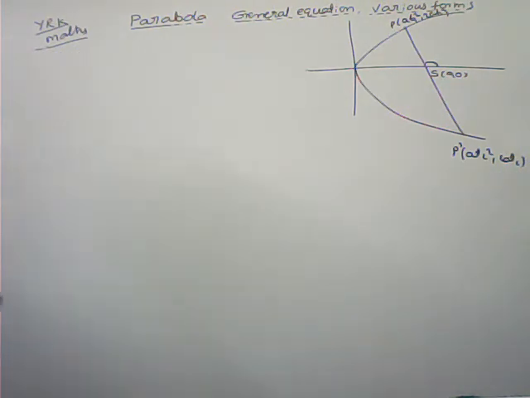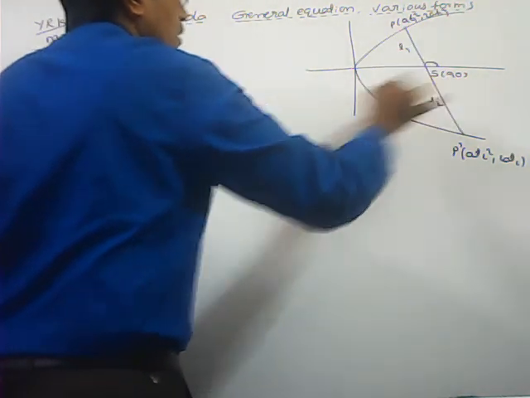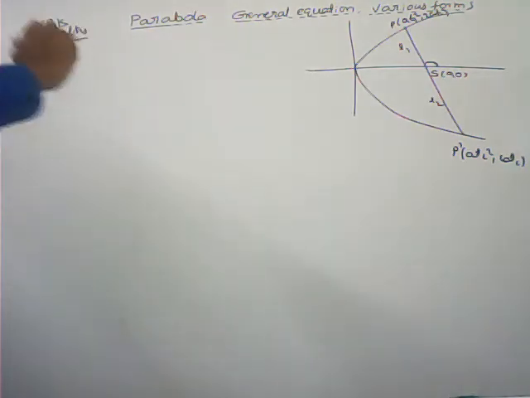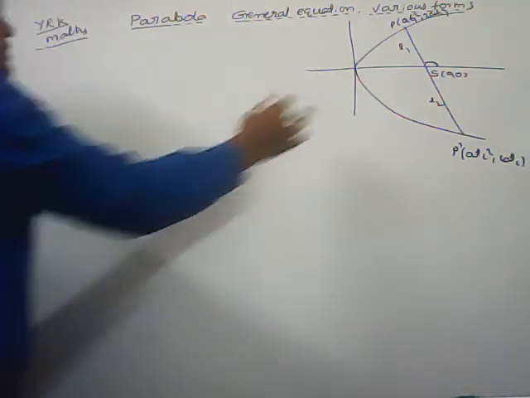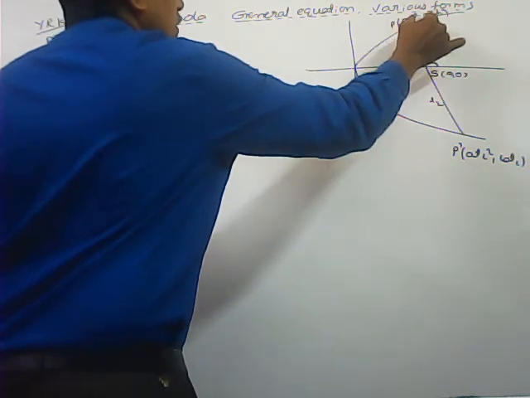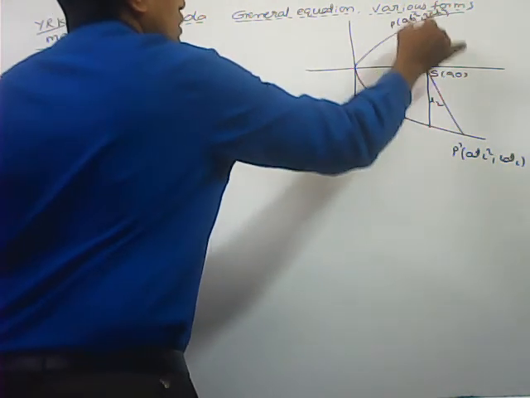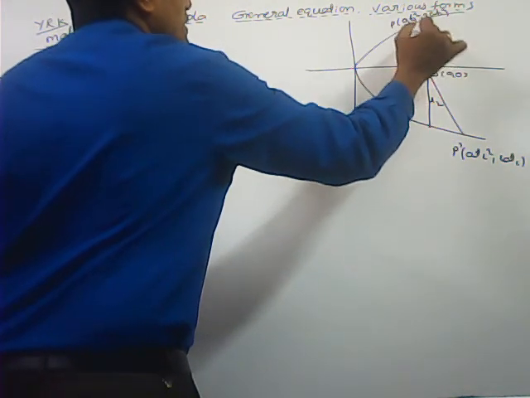And here only one more. These we say focal segments. Not only in the parabola, in the ellipse and hyperbola it is the same thing. This is the focal chord, these are the focal segments, and this is the latus rectum. Here I am taking the semi-latus rectum, small l.